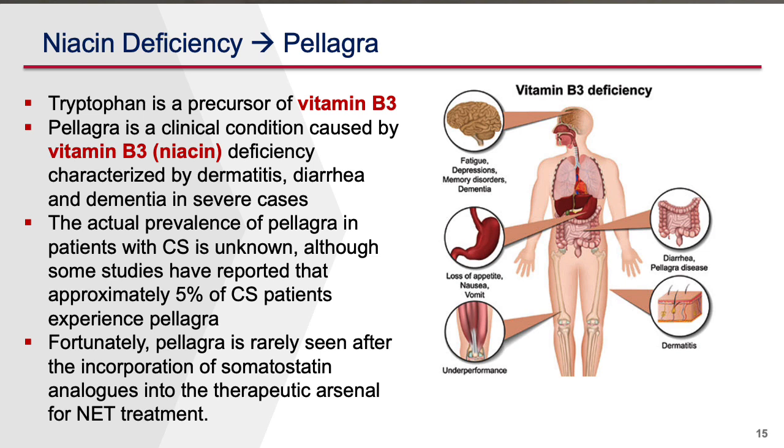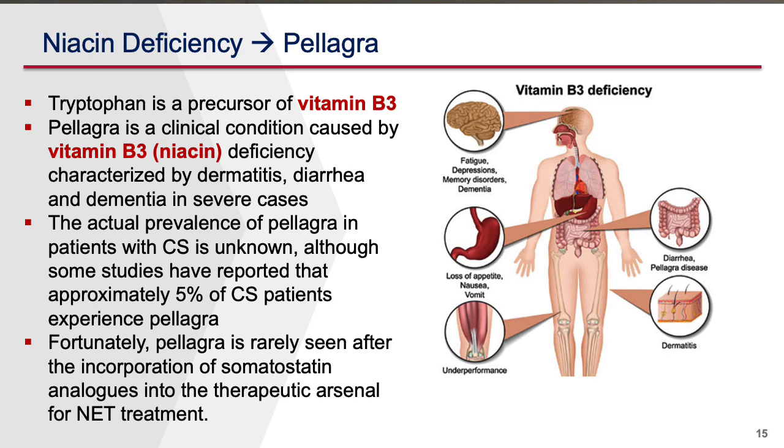And what is pellagra? It is deficiency of vitamin B3, and because of that, they have very specific symptoms related to diarrhea. They also have neuropsychological abnormalities. They also have skin manifestations, all because of vitamin B3 deficiency. Another name for vitamin B3 is niacin.